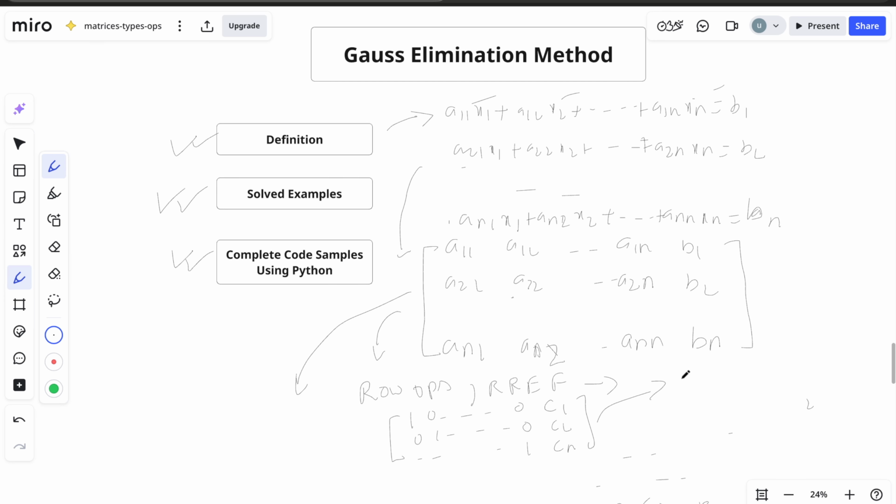So basically then we will have x1 is equal to c1, x2 is equal to c2, and so on, xn is equal to cn, right? Now that we have given a formal definition, we will try and solve a couple of examples with it.